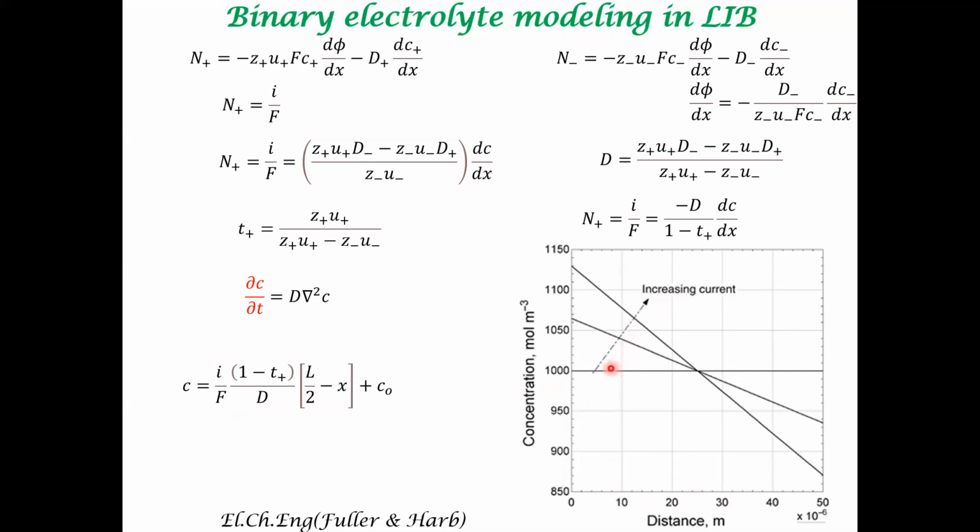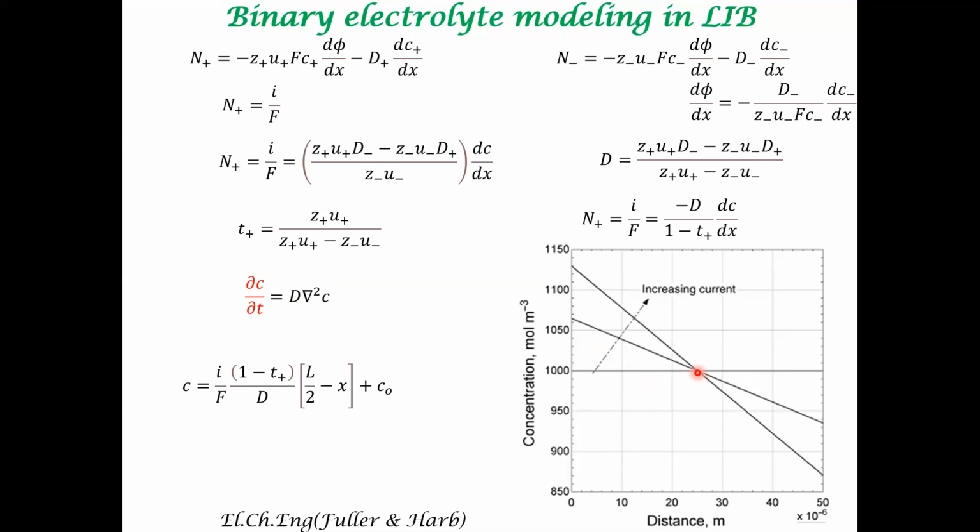Even though there is a concentration gradient, there is no accumulation in the electrolyte. So the concentration variation is over a particular point. That is, the average concentration doesn't change. It can be higher in some regions and lower in some regions, but the average concentration remains one and the same.